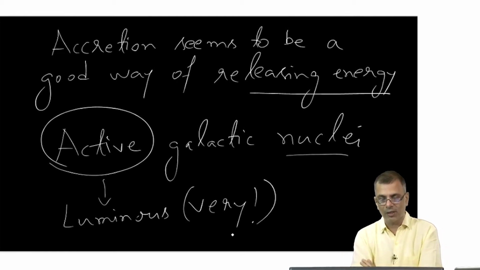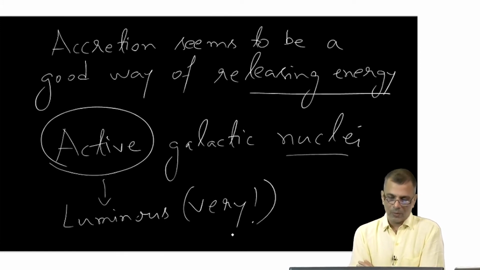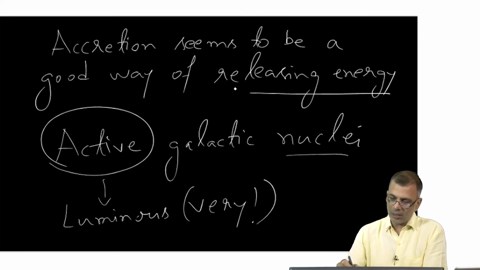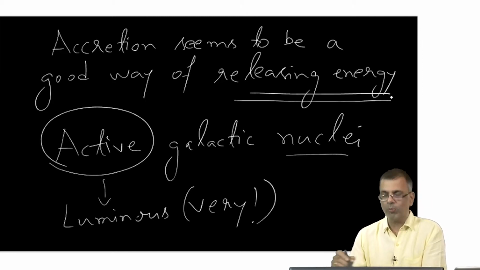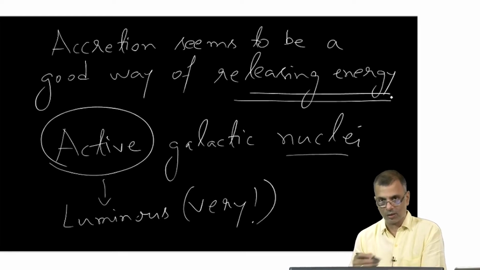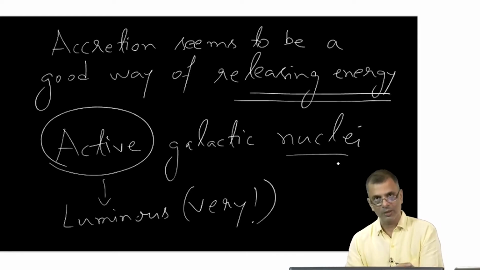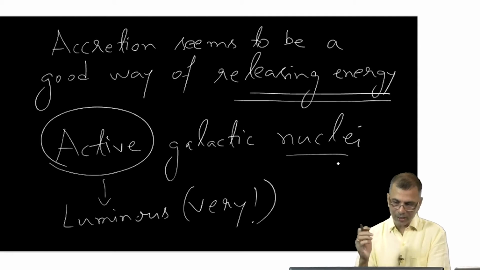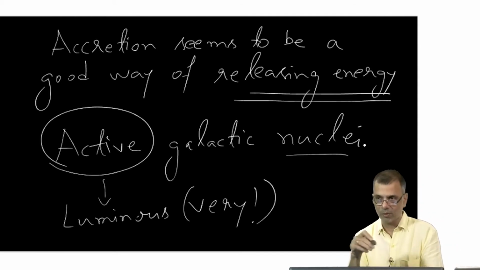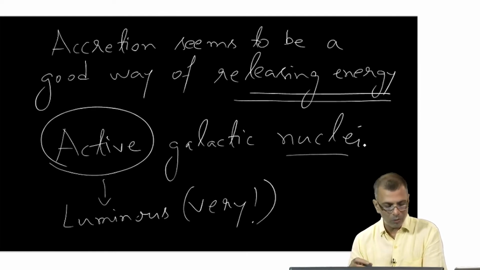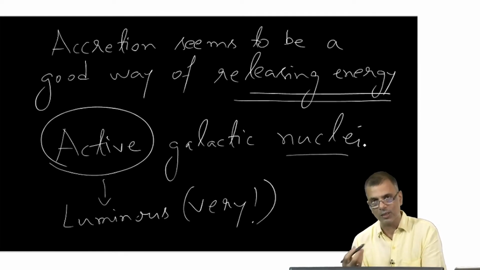So, naturally the question to ask is, what is causing the release of this enormous amount of energy? Energy release is a very important question in studying these kinds of astrophysical objects. At the center of these nuclei, from the dynamics of stars and other material, we know that there is typically a very compact object, many times a black hole.